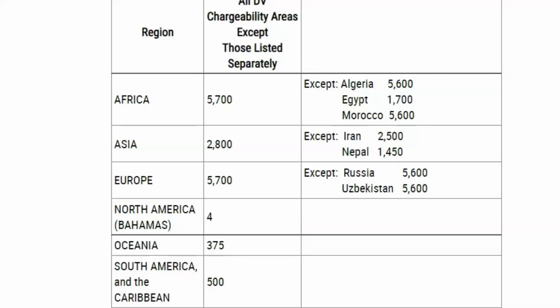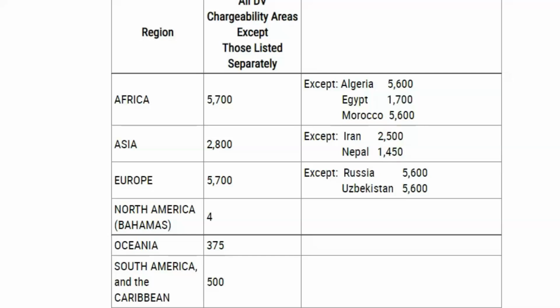In the case of Egypt, it is 1,700. So only case numbers that are from case number 1 to case number 1,699 that are chargeable to Egypt can look forward to receiving their interview notification in the second half of this month, provided that DS-260 has been processed.